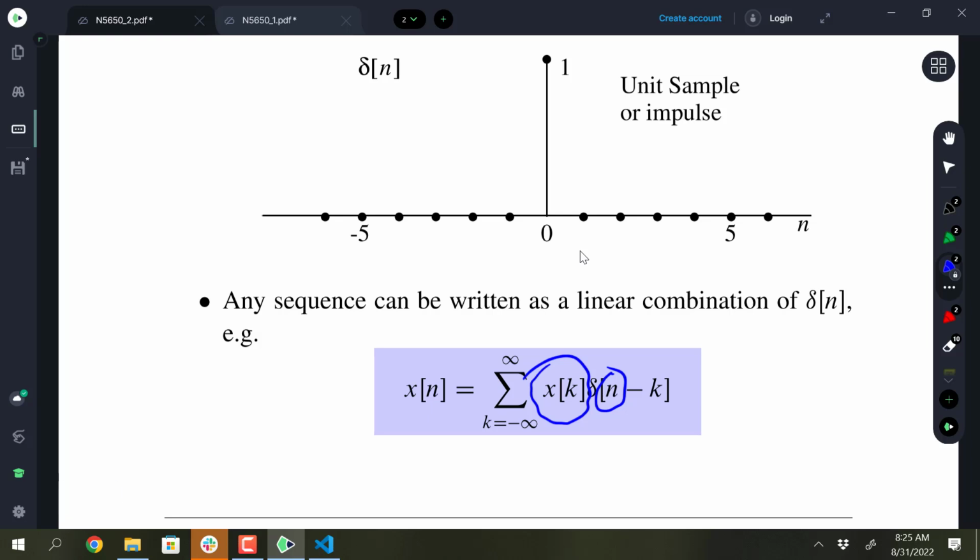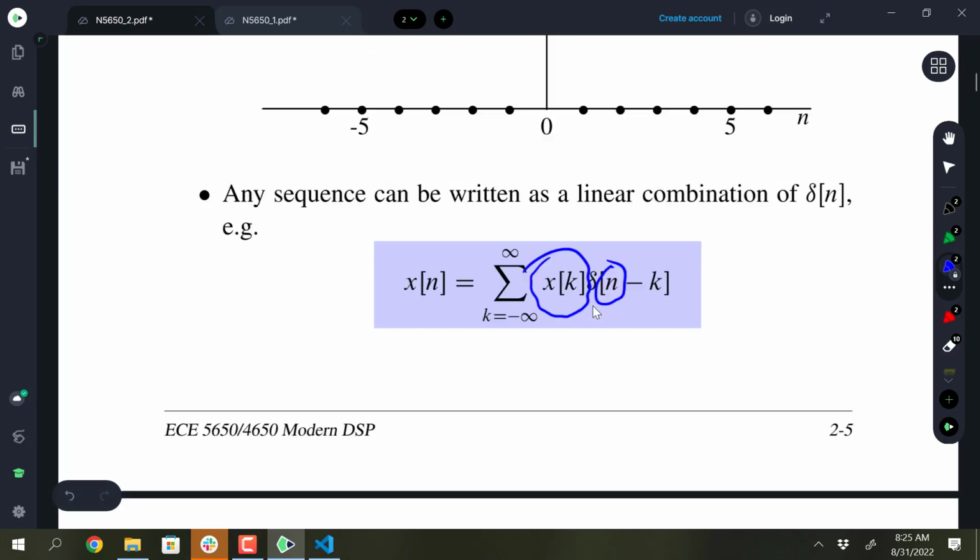This seems like a wasteful kind of statement, to just say I can do that. But the reason it's useful is when we go through superposition and the convolution sum a little bit later today, this is a useful means to expand a signal as a linear combination of time-shifted deltas.